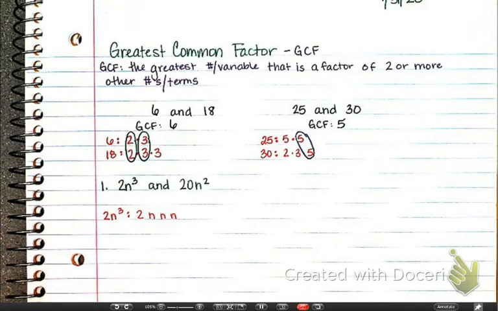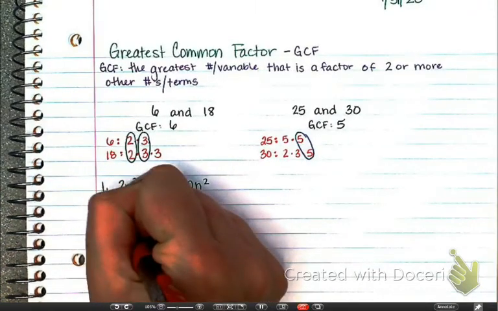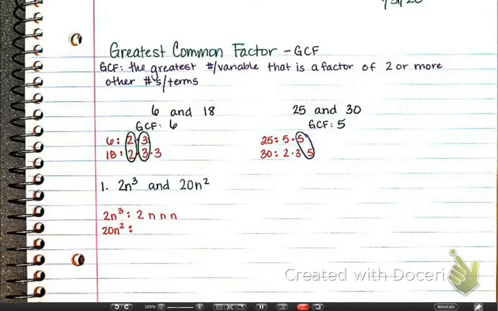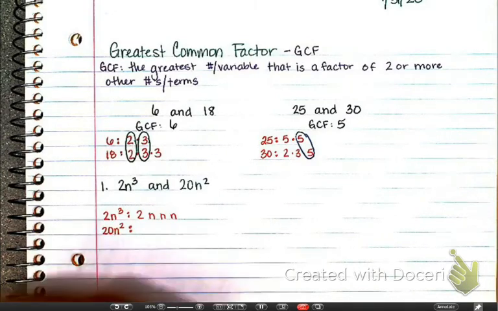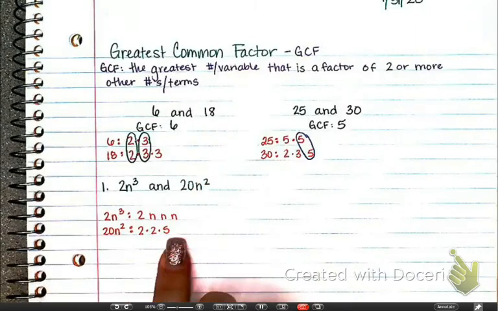What does this remind you of? When we have to break everything down. What's that similar to? What have we done in the past? Radicals, right? We broke everything down. Okay, let's break down 20n squared. Two numbers that multiply to 20. 2 and 10, and 10 breaks down to 2 and 5. So 2 times 2 times 5, or 4 times 5 is 20.